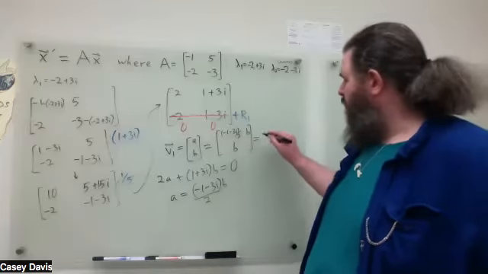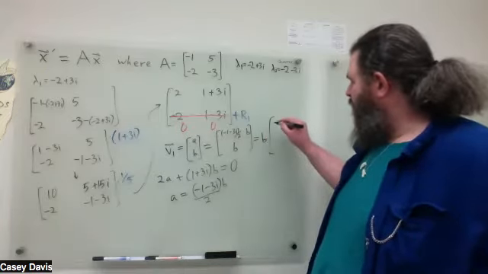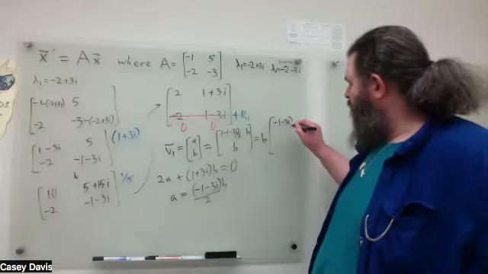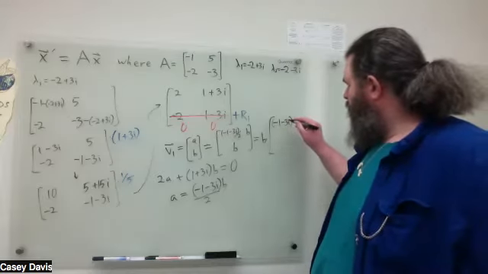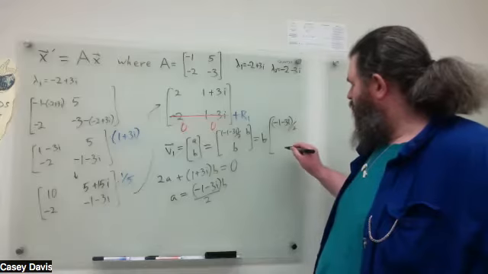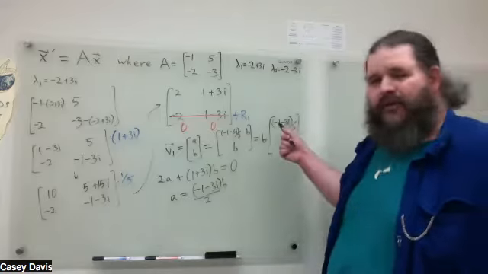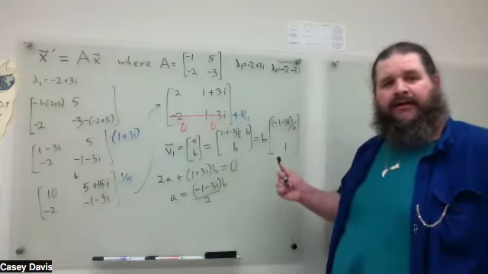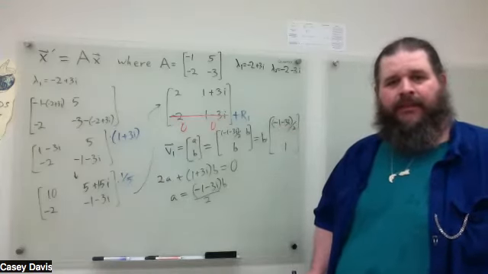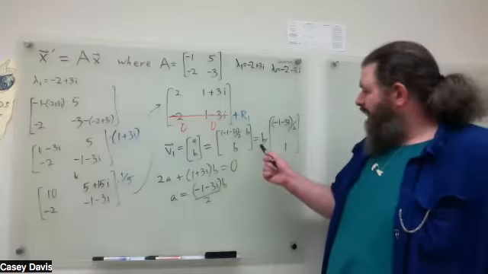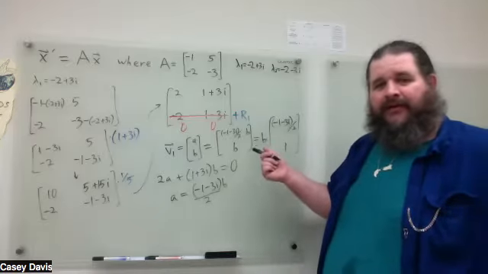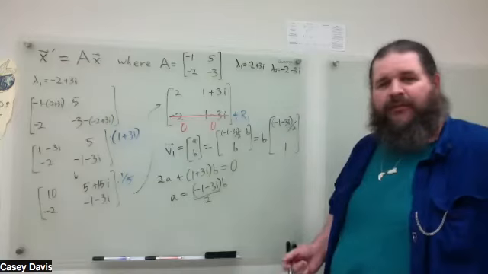Yeah, we can factor out b. We're left with -1 minus 3i over 2, 1. So that means any multiple of -1 minus 3i over 2, 1 is going to be an eigenvector. And we can multiply it by any scalar we want, even complex scalars, if we want to change this around. So there are many ways you can write this.